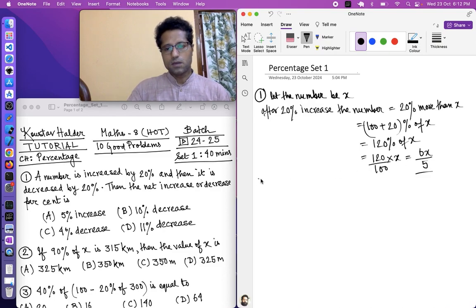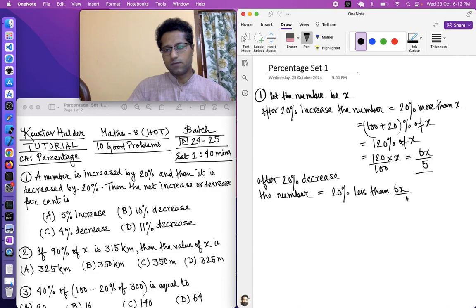So after 20% decrease, the number will be equal to, 20% decrease means 20% less than not x but 6x by 5. 20% less than 6x by 5 means 100 minus 20% of 6x by 5.